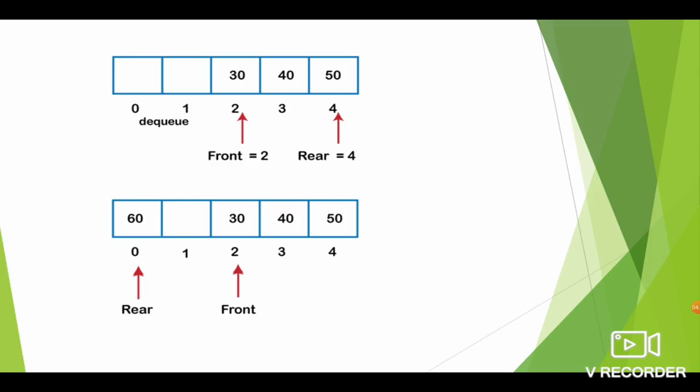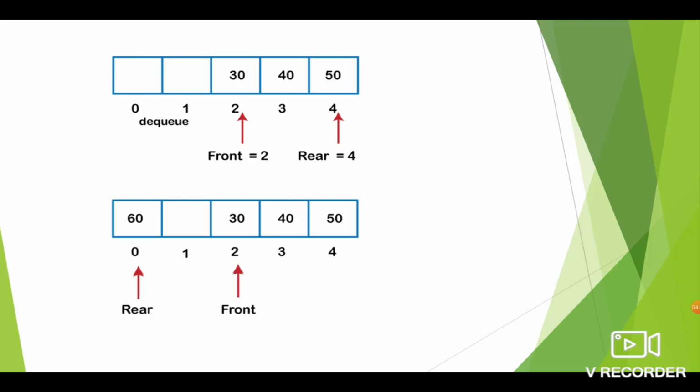So as we know, in the normal queue, you cannot insert one more element because rear reaches the maximum size, n equal to 5. So the indices of the queue are 0, 1, 2, 3, 4. So you cannot insert one more element into that queue in a normal queue data structure. But now we are using a circular queue data structure, so insertion is possible.